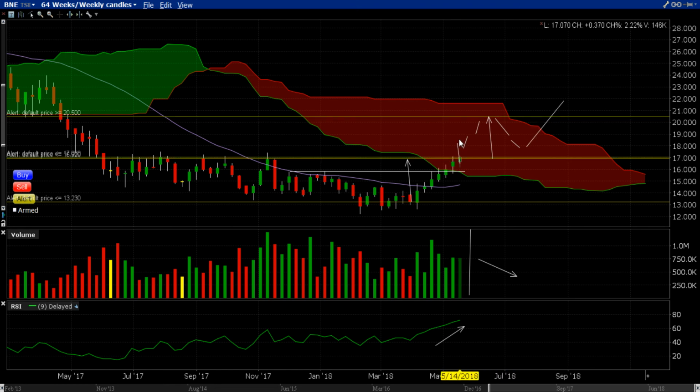By the time it does that, usually within 1 to 3 months, the Ichimoku cloud defined resistance is starting to evaporate, because the more we move sideways, the less and less that overhead resistance is valid. It just dissipates, and then after that, go out.